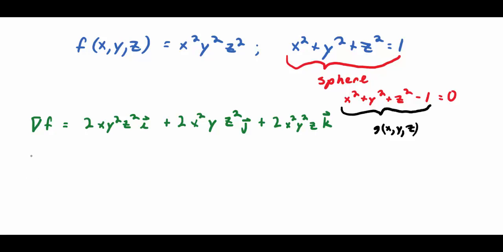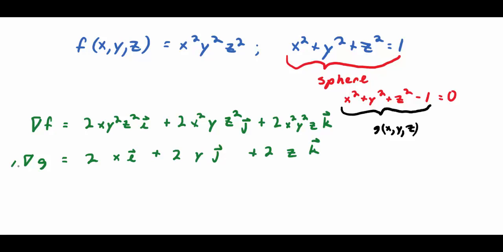Okay, let's find del g. Again, you can think of this guy as g. So what do you get there? What's the partial with respect to x? 2x i, plus partial with respect to y, 2y j, plus partial with respect to z, 2z k.